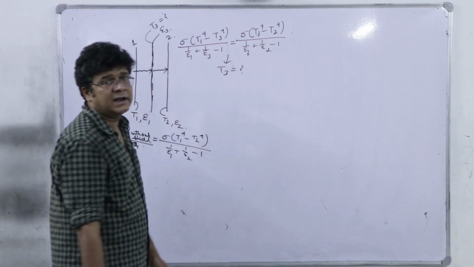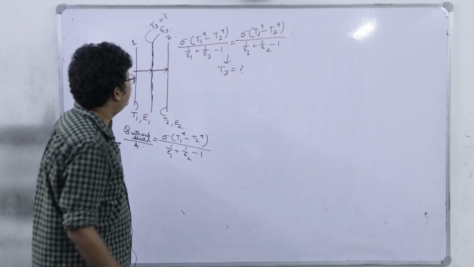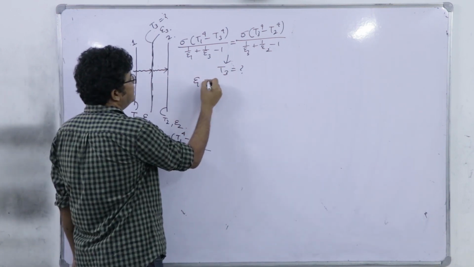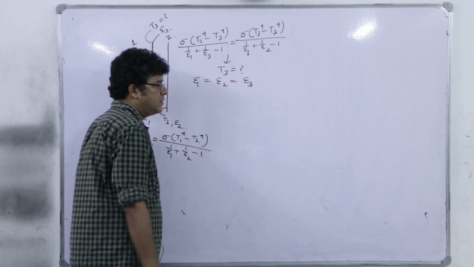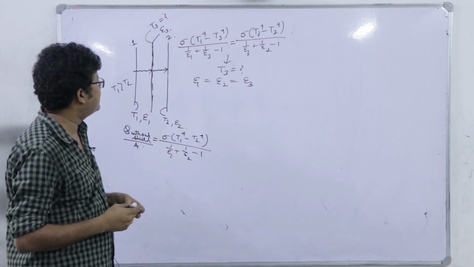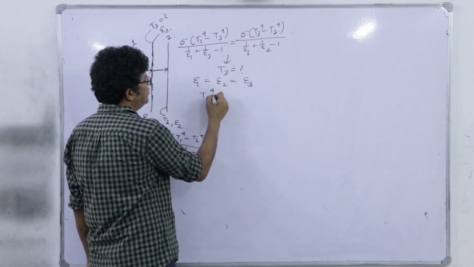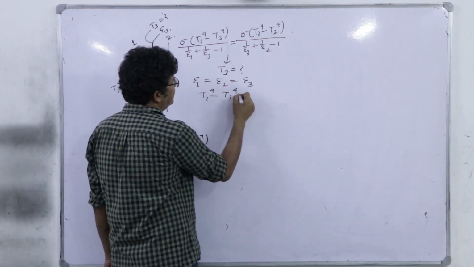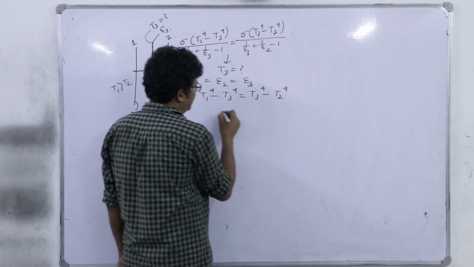Now, we can get an easy expression if I consider epsilon 1 equal to epsilon 2 equal to epsilon 3, like all these surfaces having the same emissivity. So, under this situation T1 to the power 4 minus T3 to the power 4 will be T3 to the power 4 minus T2 to the power 4.